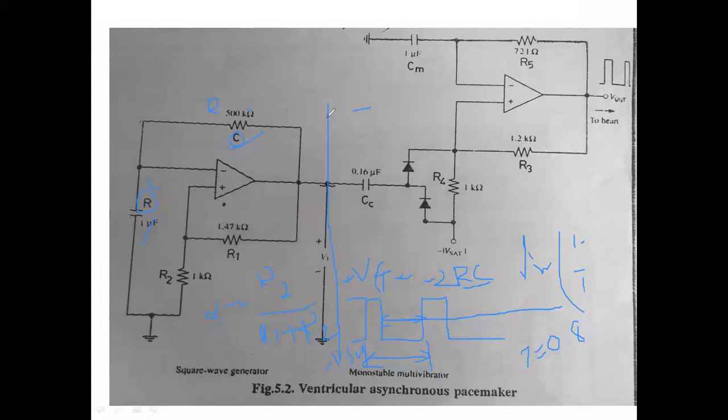We can adjust the voltage in between these two values only. So after this particular square wave is generated, that voltage is applied as the input for this second differential amplifier stage.